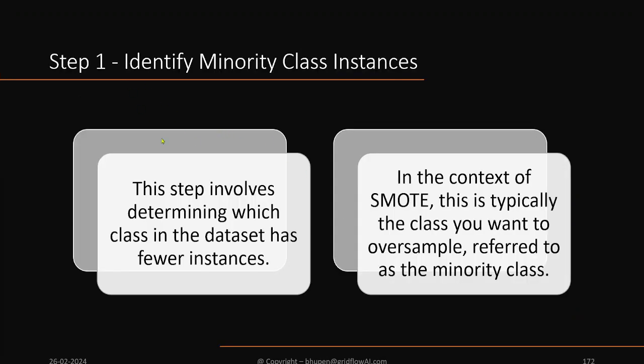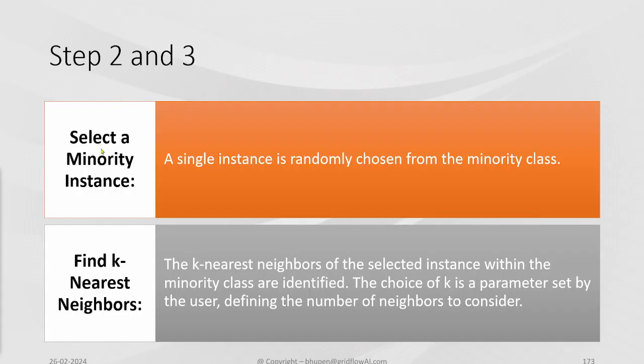Step number one is to determine which class in the dataset has fewer instances. Generally, it is going to be a minority class. The class that you want to oversample is referred to as the minority class. Step number two, after selecting the minority class, we will pick one sample in the minority class. It's randomly chosen.